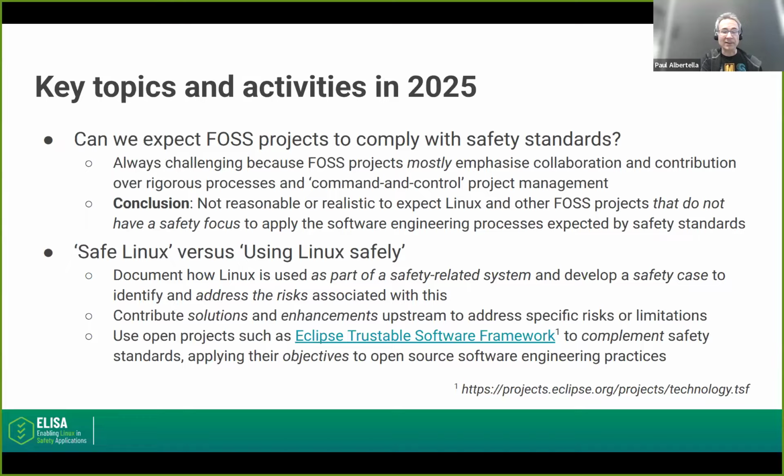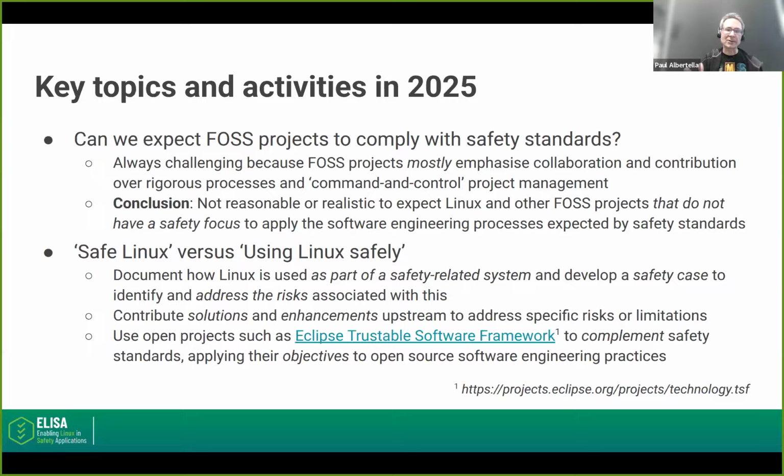And we can also use other open source and open projects. One I'm involved with is the Eclipse Trustable Software Framework project, to complement how we're using safety standards in these contexts. Because one of the challenges with trying to apply safety standards to open source is that they're written with a different type of project, but also with different types of expectations about software in mind.